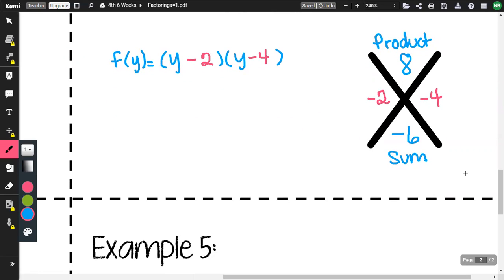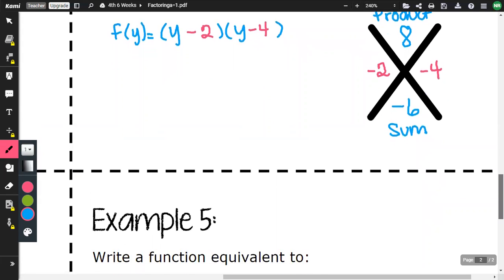Might happen, might not. Well, if you were to use FOIL or the box method to multiply these back out, Y times Y is Y squared. So we're breaking it back apart is what we're doing here.